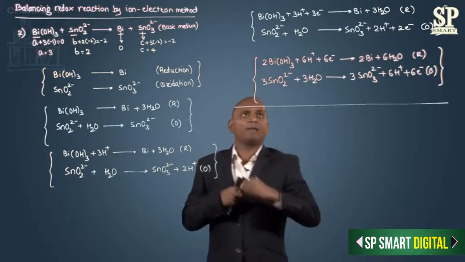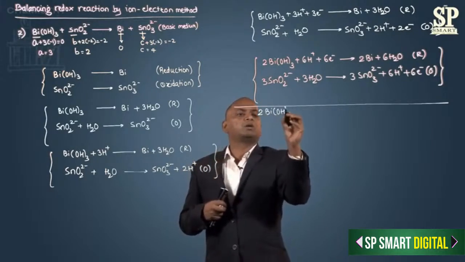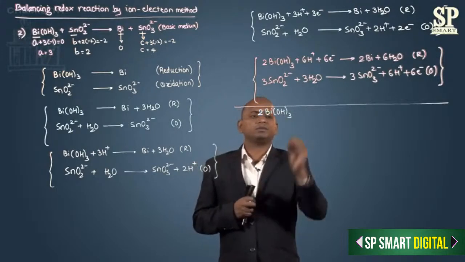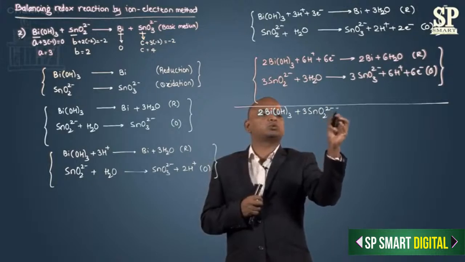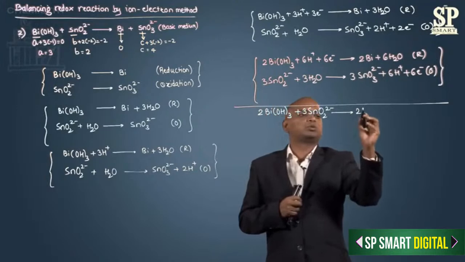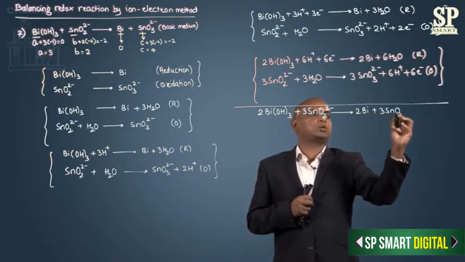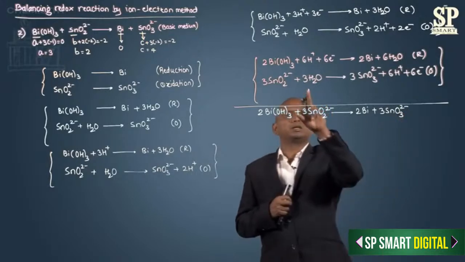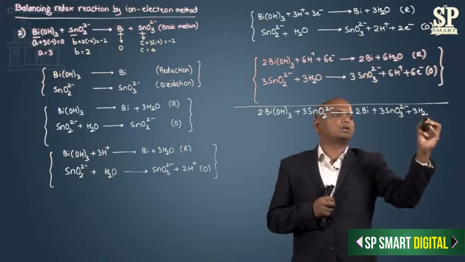So we are getting 2 Bi(OH)3 plus 3 SnO2 2 minus gives you 2 Bi plus 3 SnO3 2 minus plus 3H2O, since 6H2O minus 3H2O leaves remaining 3H2O.